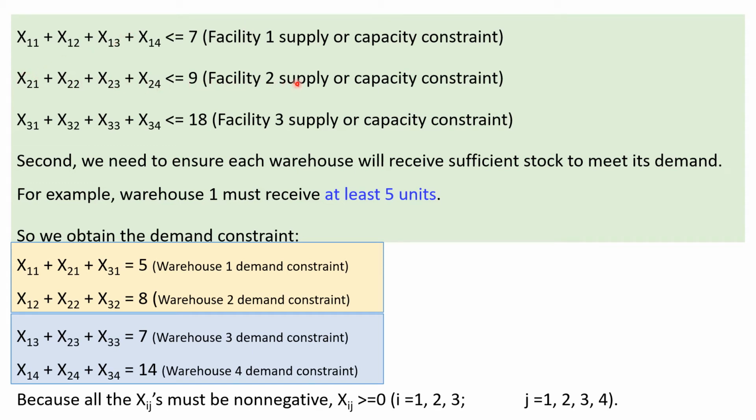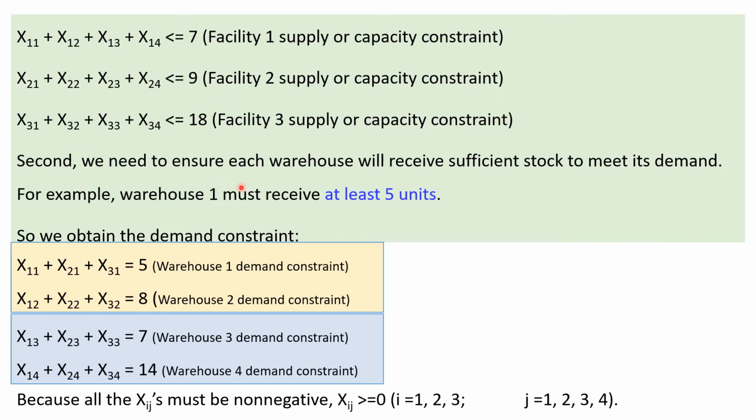And the same is true for the second supply capacity: all the items transported from facility 2 to all the warehouses should be less than or equal to the capacity of the facility, that is 9. And all the items to be transported from facility 3 to all the warehouses should be less than or equal to 18, the maximum capacity of facility 3. So these are the 3 supply constraints.